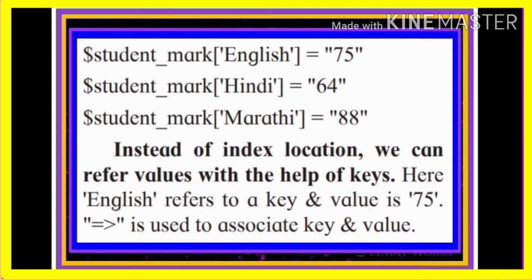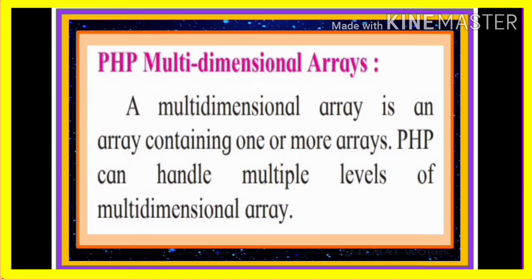So this is the way to declare associative arrays, store the values and display them. The third PHP array type is multi-dimensional arrays. A multi-dimensional array is an array containing one or more arrays. PHP can handle multiple levels of multi-dimensional arrays.